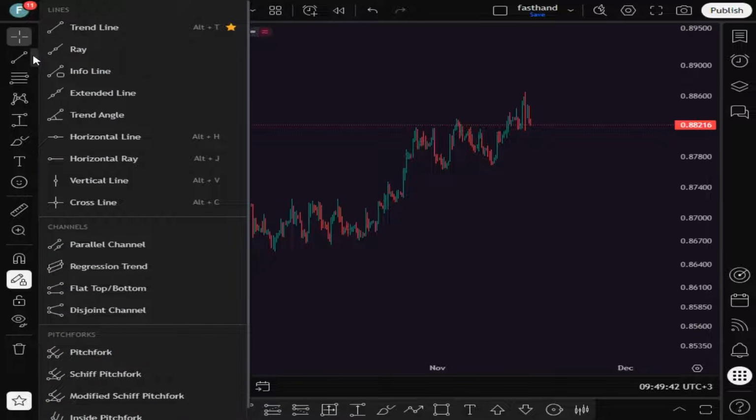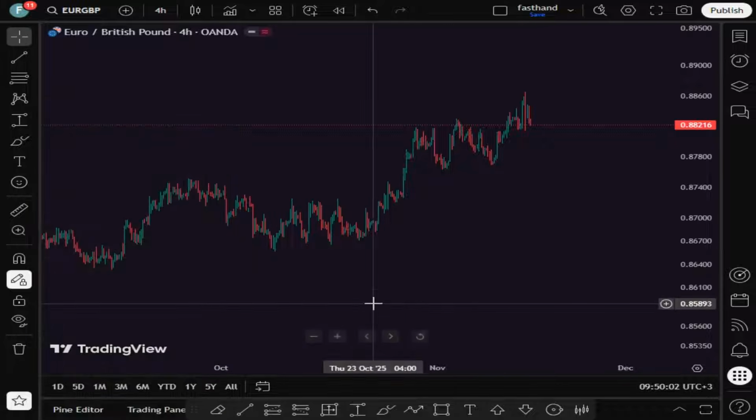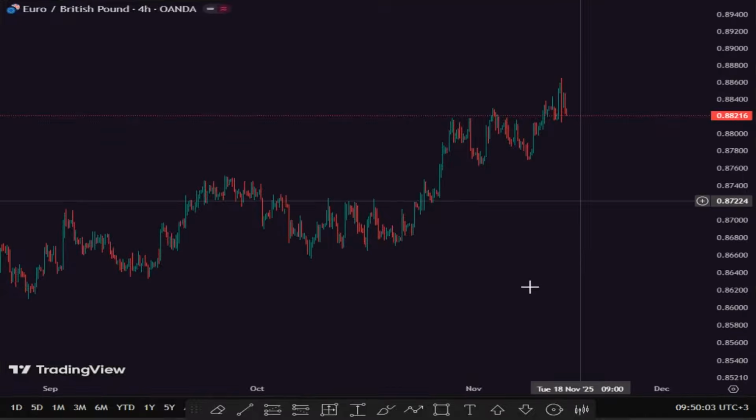So over here you have all these, but then I bet you guys know about that, right? So over here we have long position, short position, so I'll need you to take long position and short position, and of course this right here, price range, very important. This one you'll know pips, sorry, very fast, right? So yeah, let's get into pips.